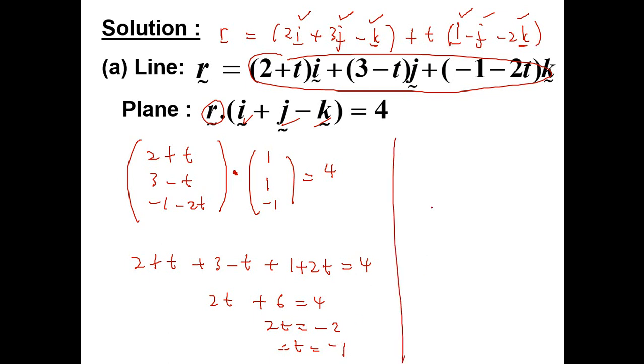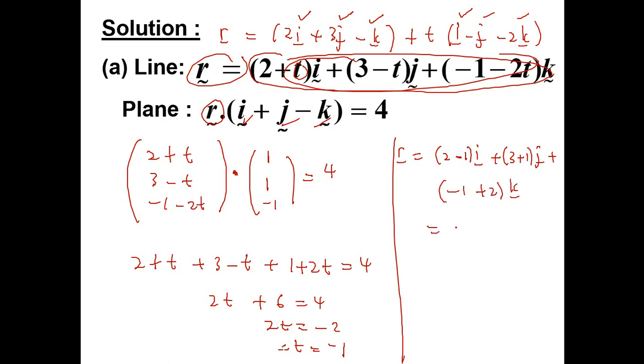At point P, substitute this value of t into r. r is equal to 2 minus 1 i, plus 3 minus negative 1, so plus 4 j, plus negative 1 minus 2 times negative 1, so plus 1 k. So r is equal to i plus 4j plus k.